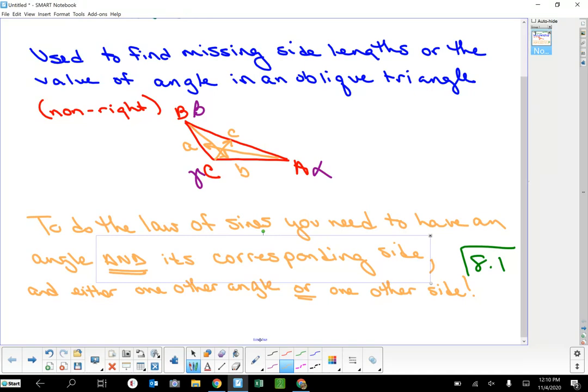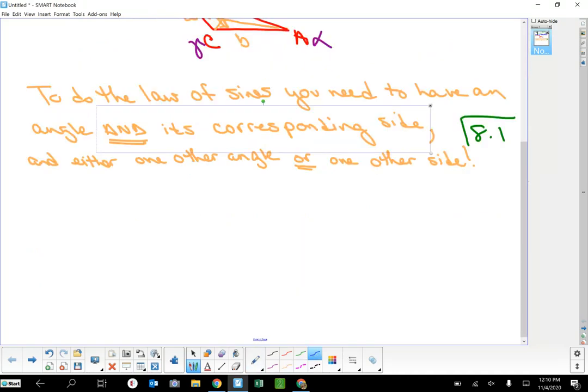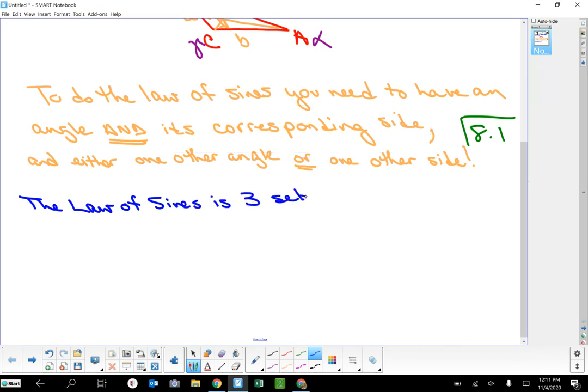All right, so that being said, the law of sines is 3 sets of ratios. And remember, with ratios, you're just going to use cross multiplication and division to solve them.